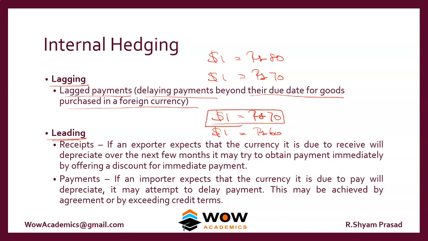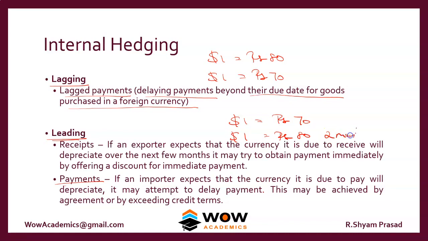You ask for the income to be paid now, and you can give a small discount or some kind of benefit to the customer and try to get the dollar as quickly as possible. This can also be done in terms of a payment. For example, the current dollar price is $1 to 70 rupees, and you feel that it might move against you in another 2 months' time.